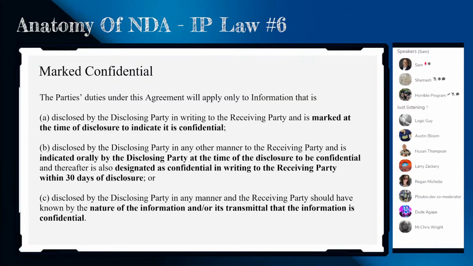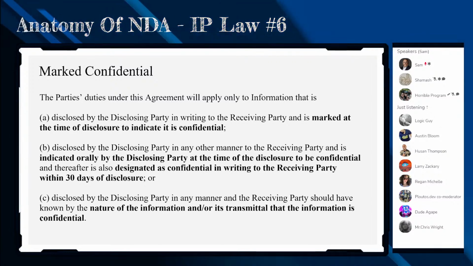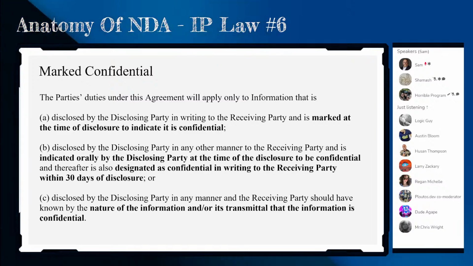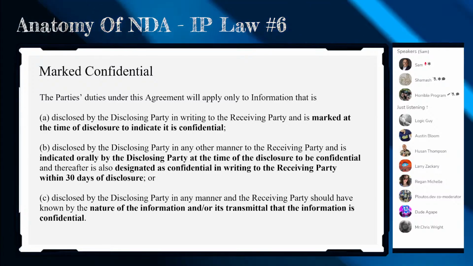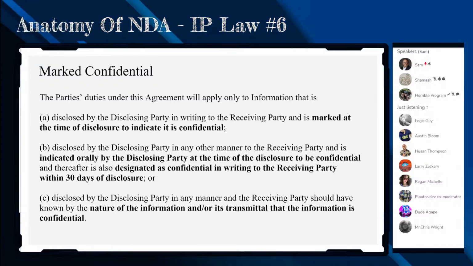So if we're having negotiations and I open up my AR ledgers for you to see the profitability, you should know by the nature of this information that this is confidential. Companies' AR ledgers are not on the internet, are not publicly available. So you should have known.